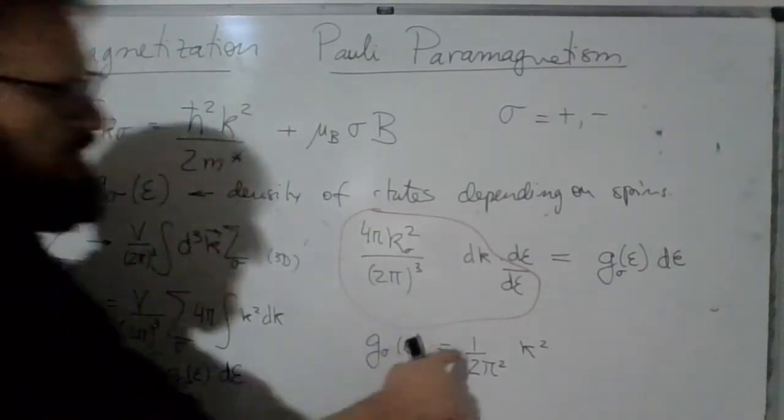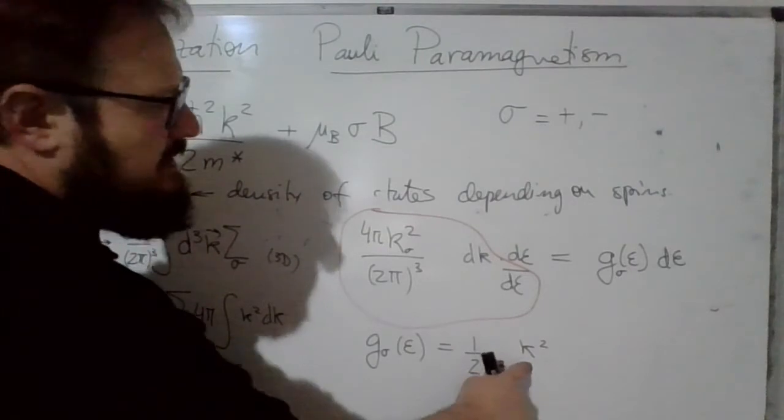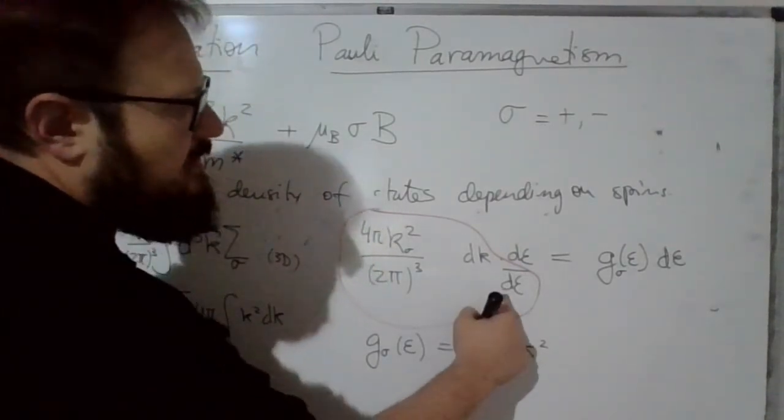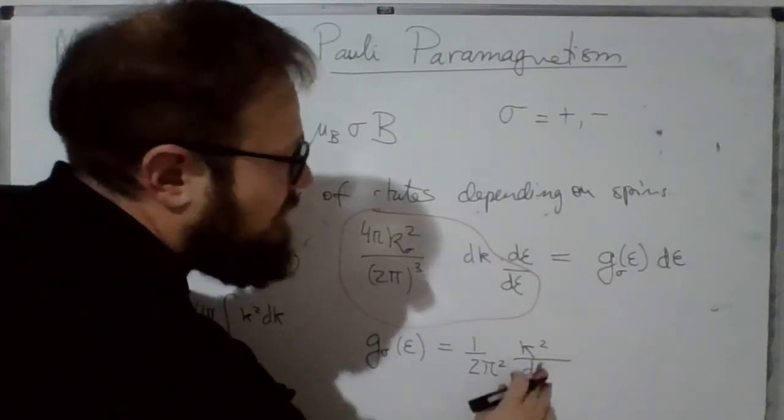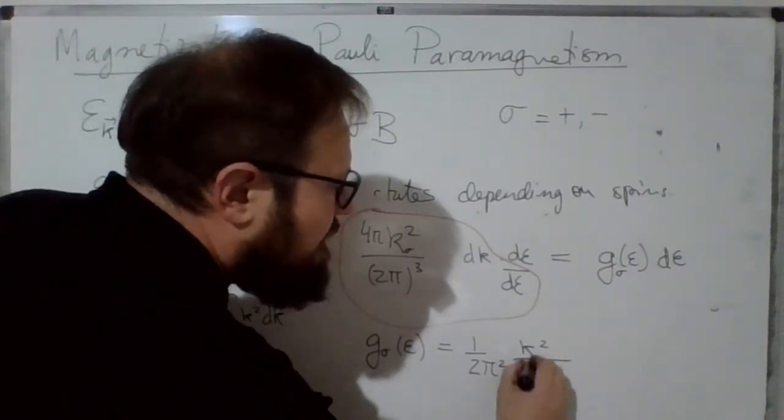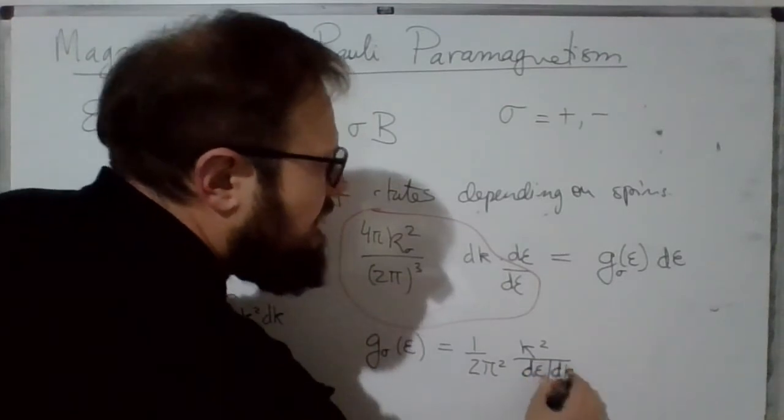Okay, 1 over 2 pi squared k squared, and the dk over d epsilon, I can rewrite as d epsilon over dk.